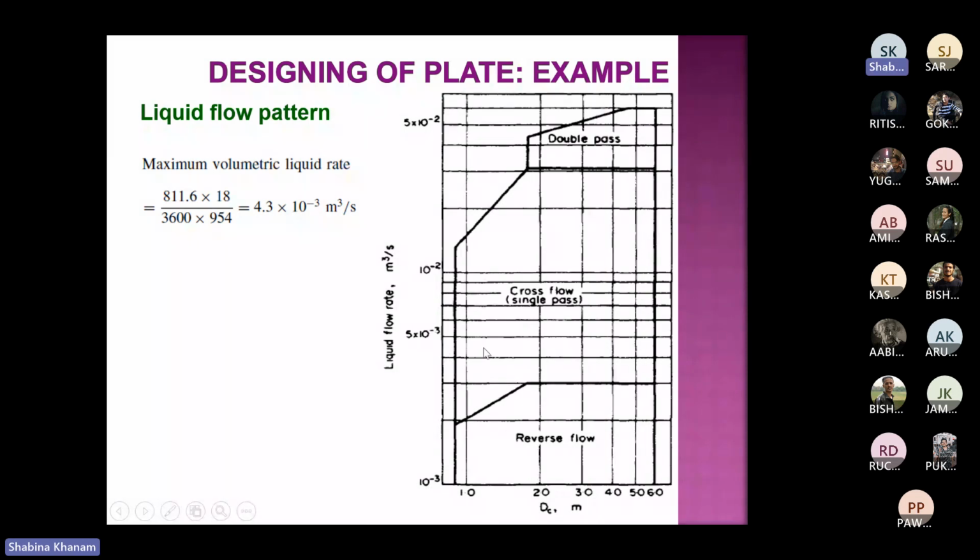This DC is the column diameter, which is 0.77. Somewhere here it will lie, so you can choose cross flow single pass. In that way you can have the pattern of liquid. It is for single pass, and what is that single pass? That we already discussed in the last class.